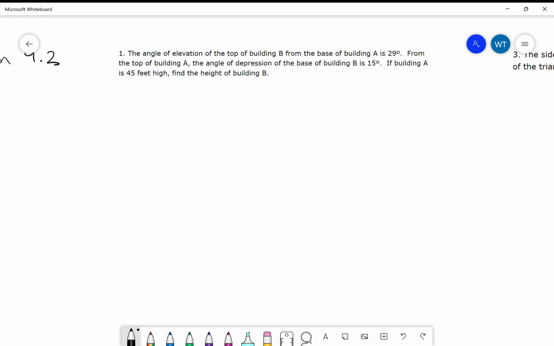So for this, I'm just going to begin by sketching out the situation. This is going to be our A, and this is going to be our B. And I'm going to label this as HB. And then we know our height is 45 feet for building A. And then we've got our nice two triangles.